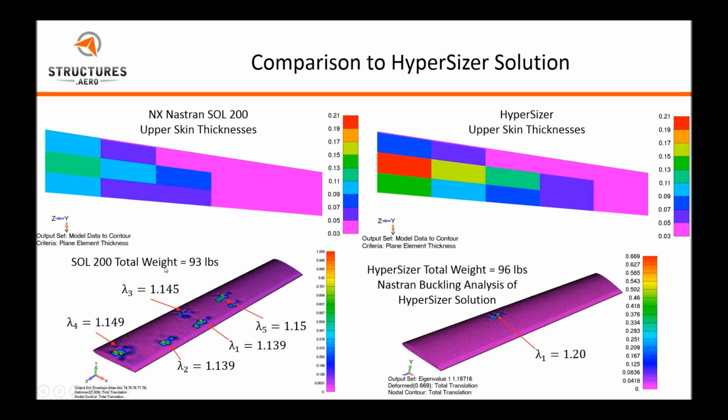Nastran is allowing for the fact that the spars and ribs have additional thickness that are helping to limit the amount of compression that are going into the skins, whereas Hypersizer treats them all independently and it sizes them independently, and it can search through the whole design space, whereas Nastran is just going to find the closest optimum to where you start. So there's multiple local minima probably within the design space, and they're going to find different ones. Hypersizer will be better at finding the global.